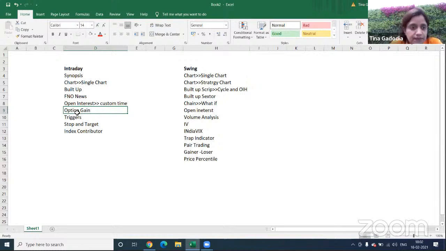Then the option triggers, stop and target, index contributor. So this in totality can help us find out what we should do today.